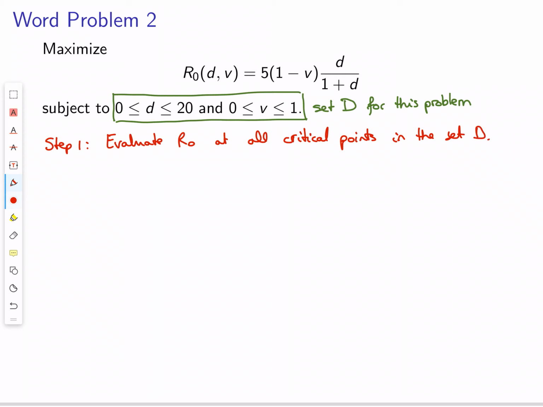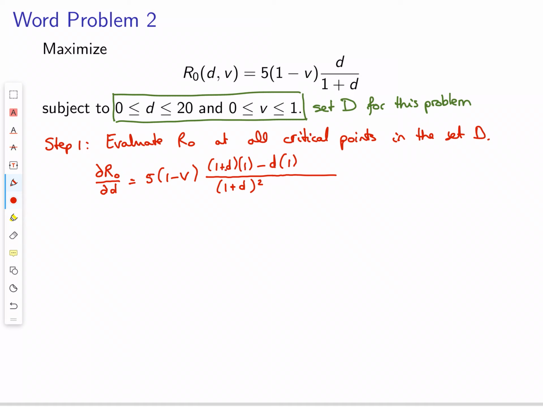To find the critical points, we have to find our partial derivatives. Take the partial derivative with respect to D. That is 5 times 1 minus v, as far as d is concerned those are all constants. Then we use the quotient rule to find the derivative of d over 1 plus d. That's 1 plus d squared in the denominator; it's 1 plus d times the derivative of the numerator, which is 1, minus the numerator d times the derivative of the denominator, which is 1.